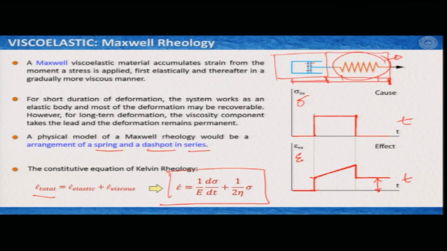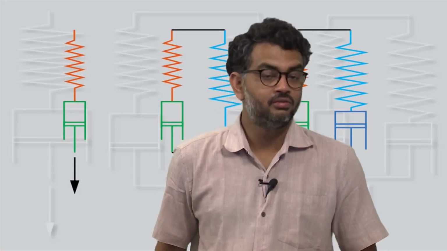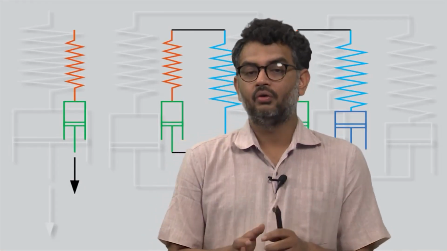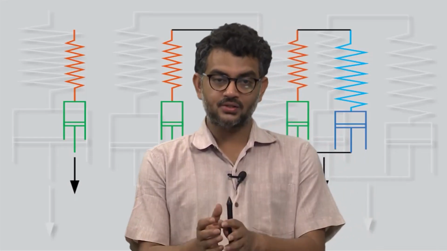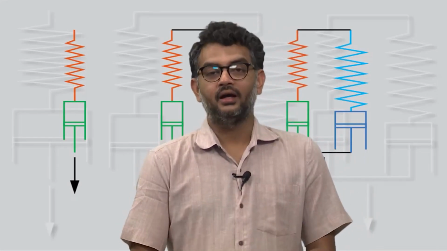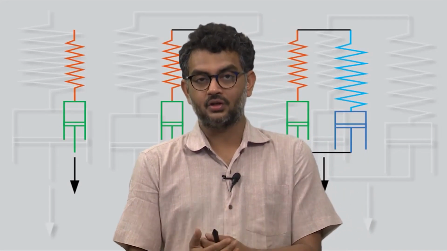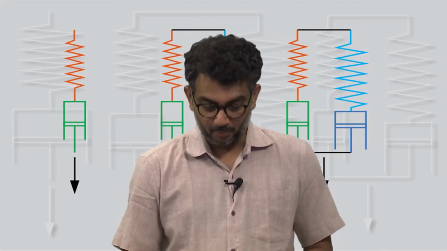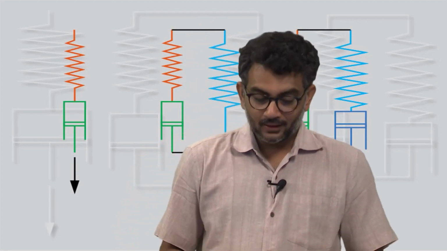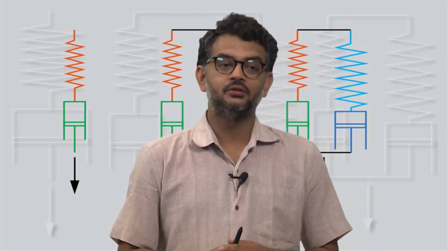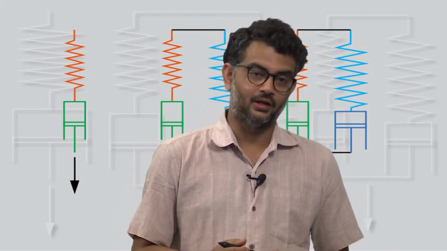So this is viscoelastic rheology, and we learned that we have Maxwell rheology and Kelvin rheology. Maxwell rheology is when we add viscosity and elasticity in series, and Kelvin rheology is when we add them in parallel. Let us talk about another one, which is elastoplastic rheology.